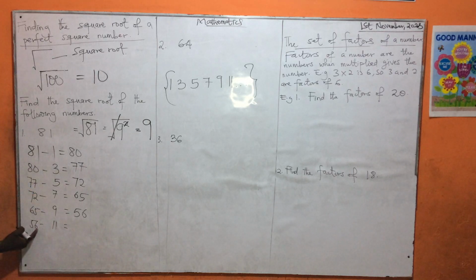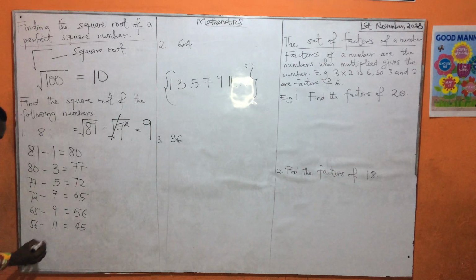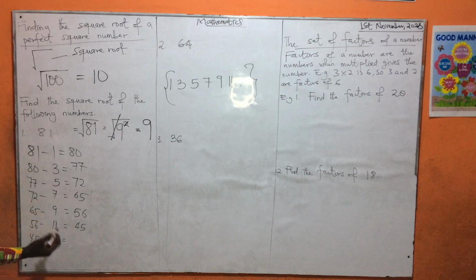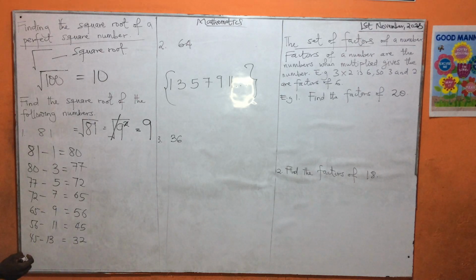So subtract 11 from 56. That should give you 45. Now with the 45, our next odd number is 13. So subtract 13 from this. That is going to give you 32.